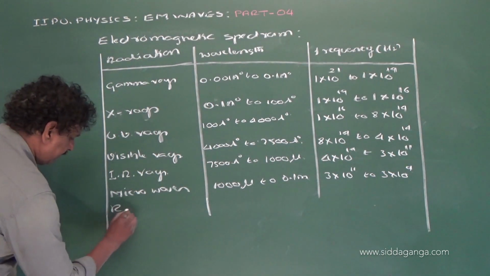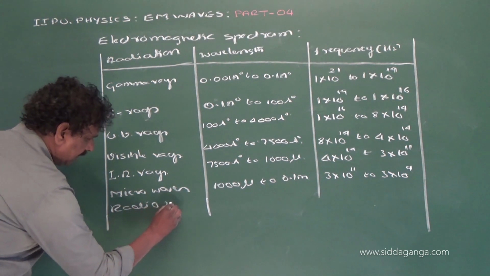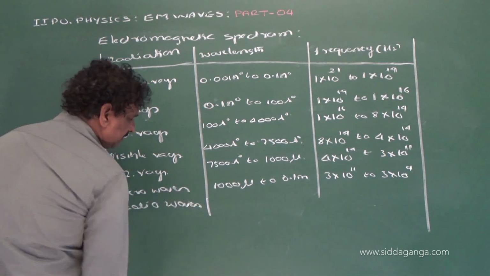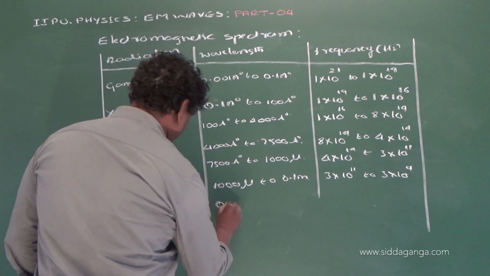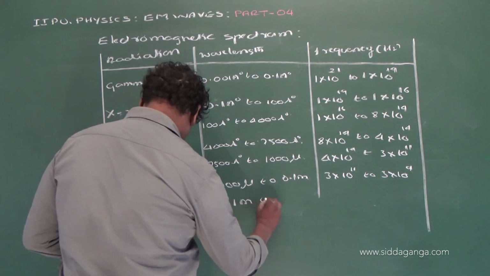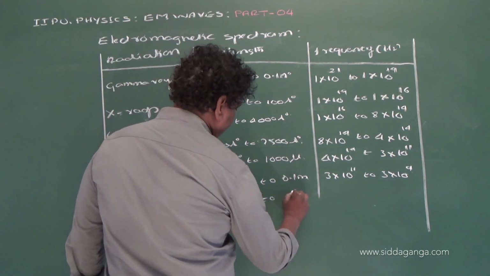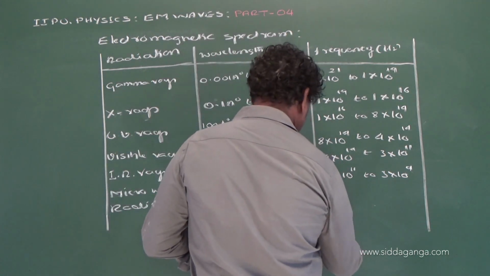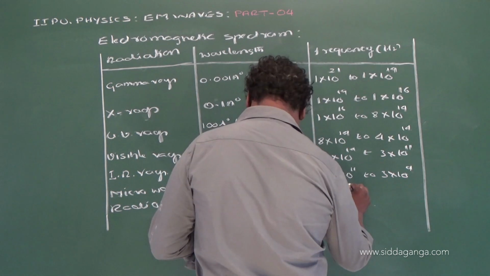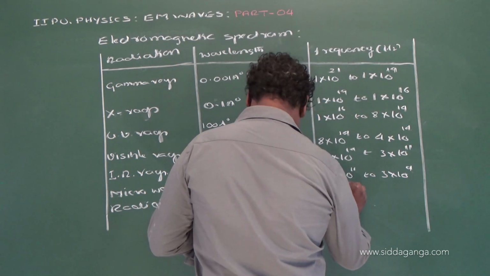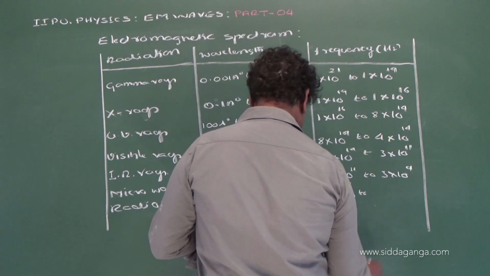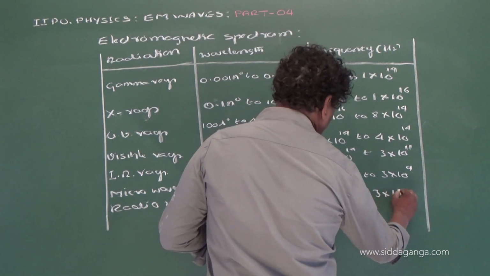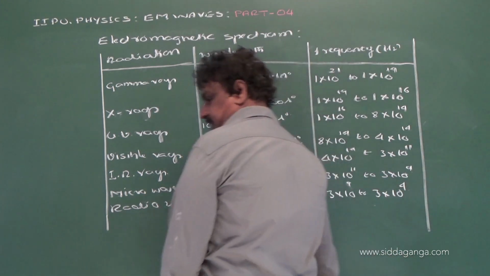Now radio waves, they have wavelength range from 0.1 meter to 10 raised to the power of 4 meter, and frequency range 3 into 10 raised to the power of 9 to 3 into 10 raised to the power of 4 hertz, right?